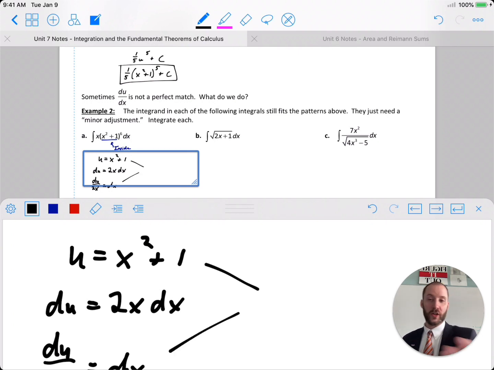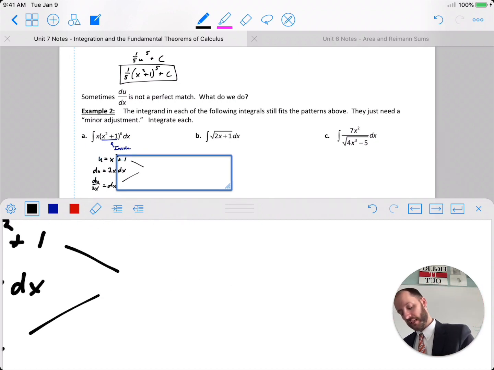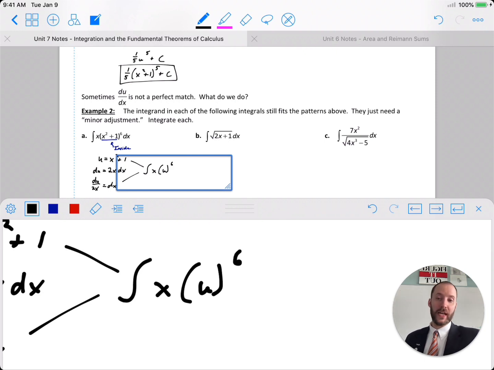Then what you started with and what you ended with, the u and the dx, combine those and substitute those into your original problem. So x times u to the 6th, instead of dx, it will be du over 2x.